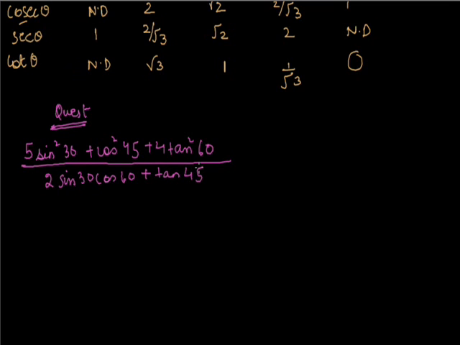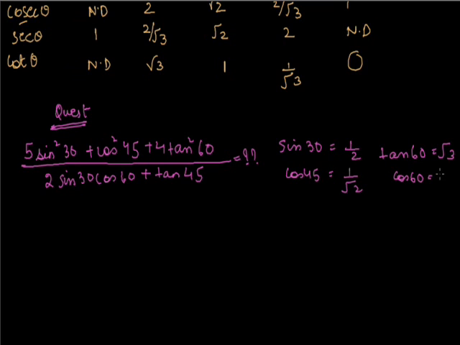Now we'll be directly putting in the values of all this and calculating the answer. As I know, the value of sine 30 is 1 by 2, cos 45 is 1 by root 2, tan 60 is root 3, cos 60 is 1 by 2, and tan 45 is 1.